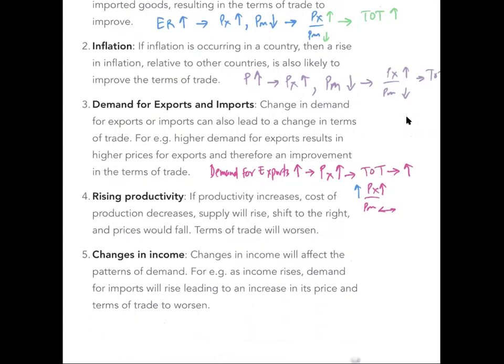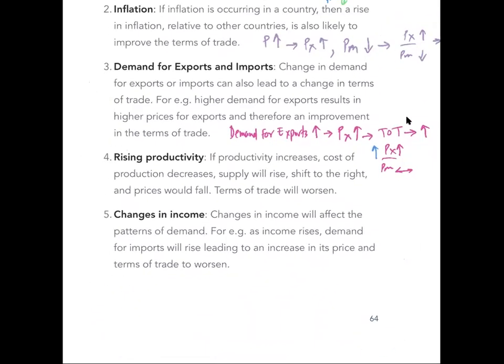Similarly, rising productivity. Now, productivity rise is a good thing, but what will productivity rise do to your terms of trade? If productivity goes up, we say cost of production will fall. Isn't that true? Higher productivity means cost of production falls. Cost of production falls, price of exports can go down. Price of exports goes down, TOT will go down. When productivity is a good thing, TOT is going down.